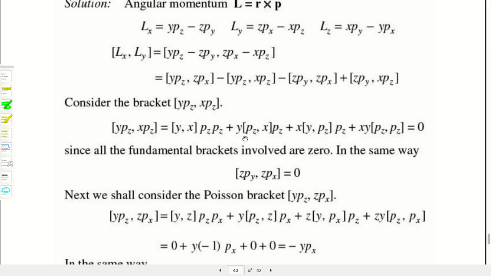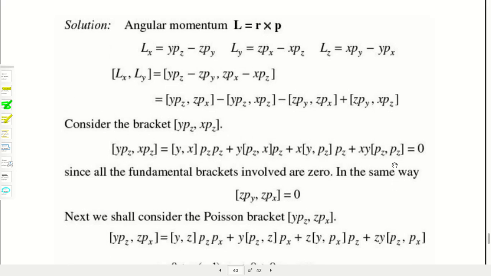Yes, they are different quantities. x is the generalized coordinate, and pz is not the canonical conjugate momentum of x. pz is the canonical conjugate momentum of z. So this will be 0, by Kronecker delta ij, since they are different. For a similar reason, this is also 0. So each of the 4 brackets is 0, and the total result is 0.